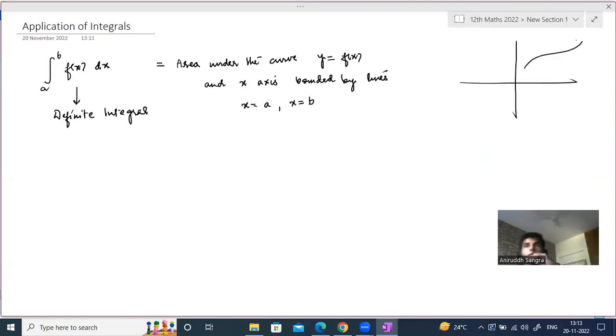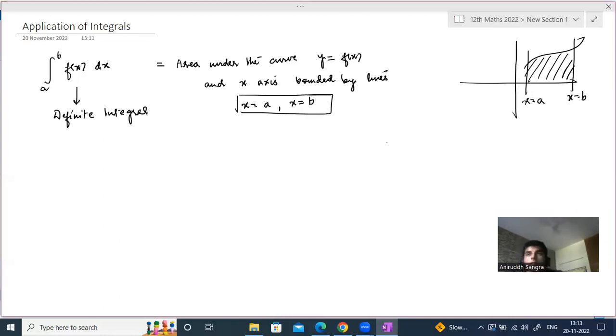Suppose this is the curve and these are the two vertical lines, x is equal to a and x is equal to b. So this area is nothing but this definite integral of the function from x is equal to a till x is equal to b.